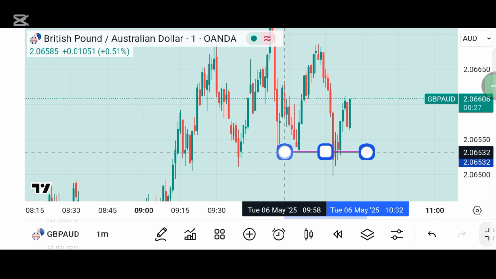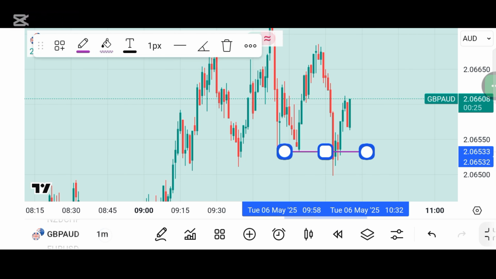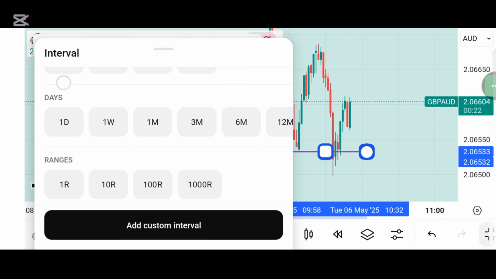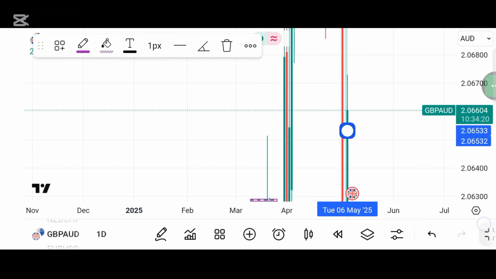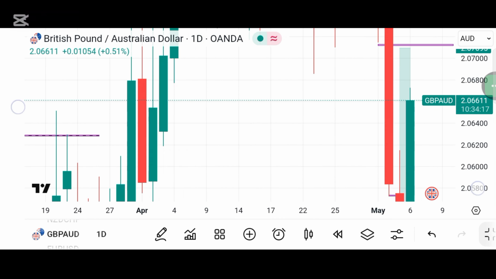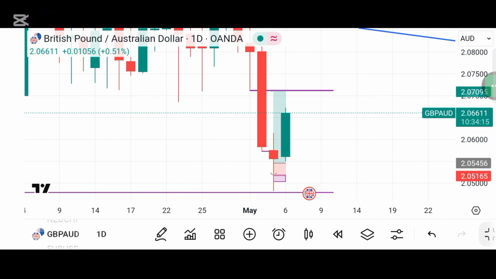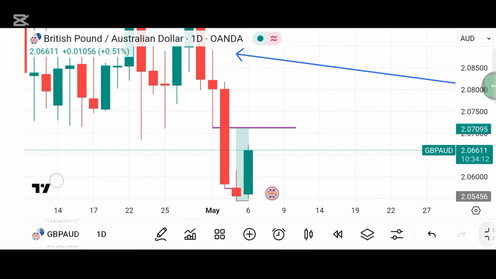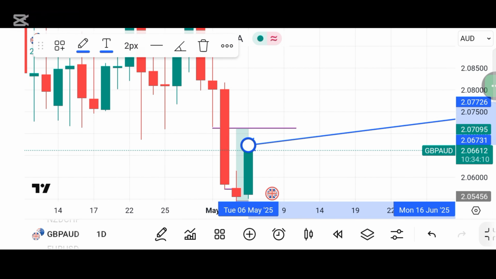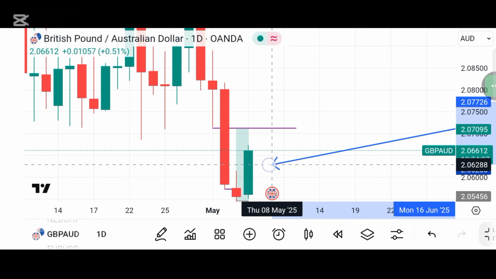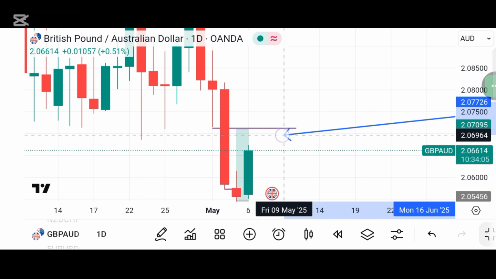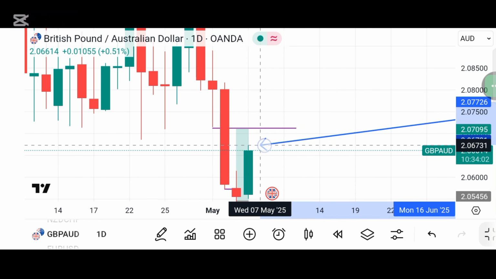Why will I be exiting the market? I'll be exiting this market because already I'm at my 50% level in the fair value gap of the daily time frame here, which is around here. You can see this is the fair value, this is the daily imbalance, and we have already gotten to the 50% from this week to this level. This is my overall take profit, and from the 50% we expect to see rejection in price action.